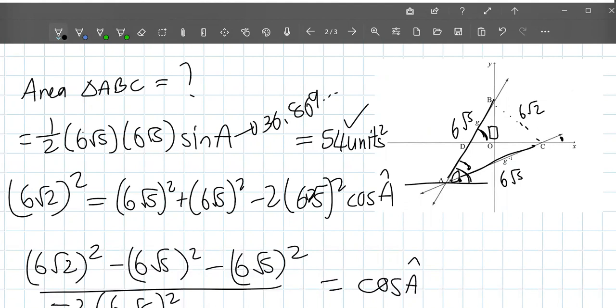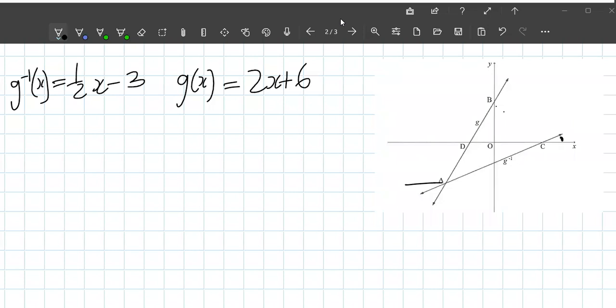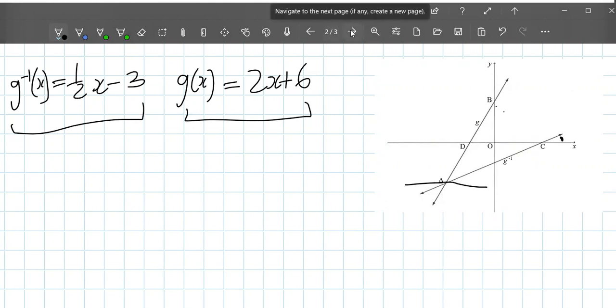Let's see what would happen. I just collected all the information we need. So this is the inverse line, and this is the original line, and we're going to attempt to use tan theta equals m to get the same area that we had before.